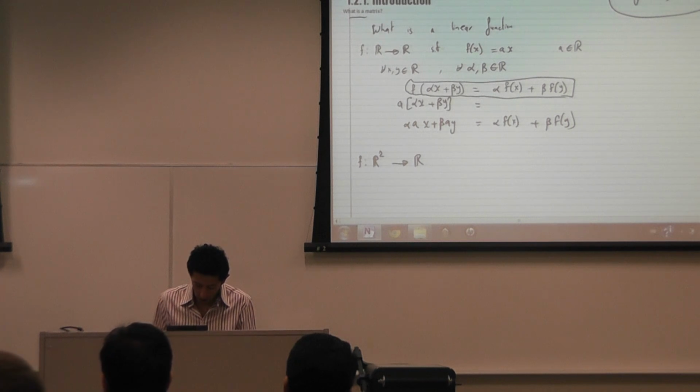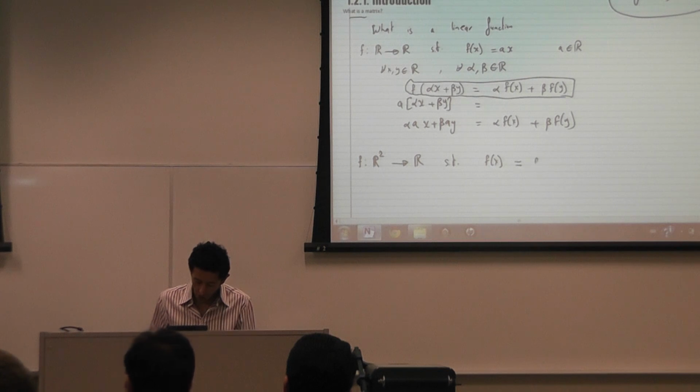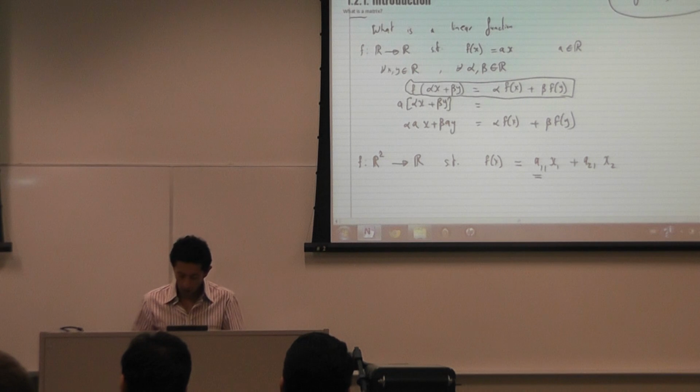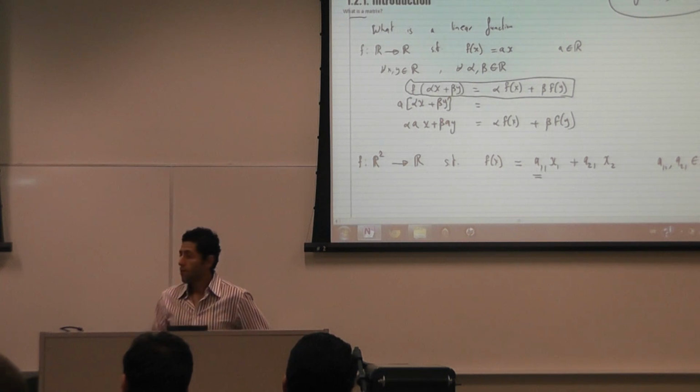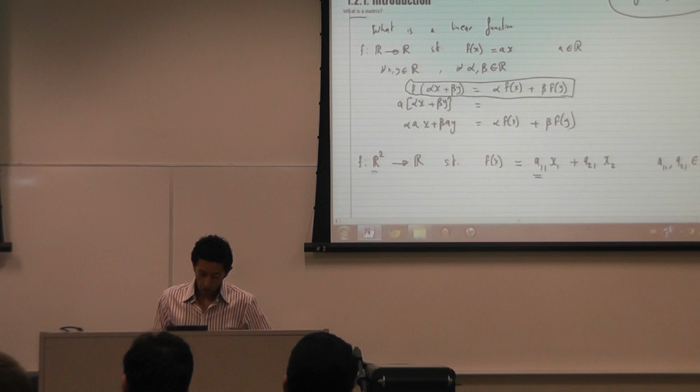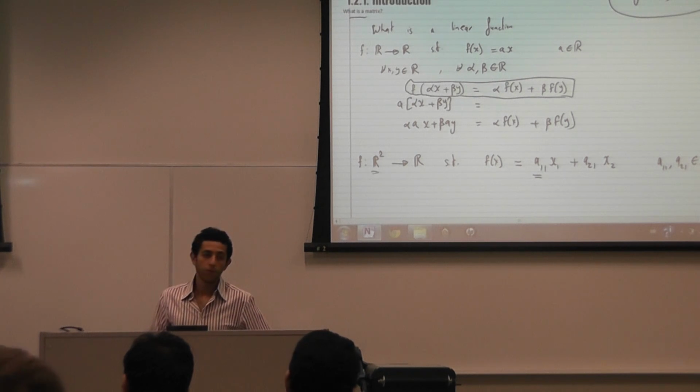So I'm going to take those two components, multiply the first one by a constant, and multiply the second one by another constant. So for every x, which has two components in R2, I give you a real number. I get that real number by simply multiplying the first component by a constant and the second component by another constant.